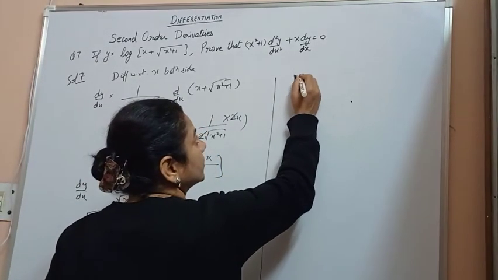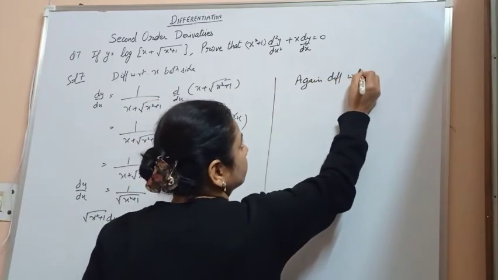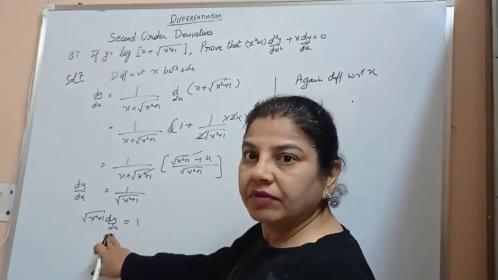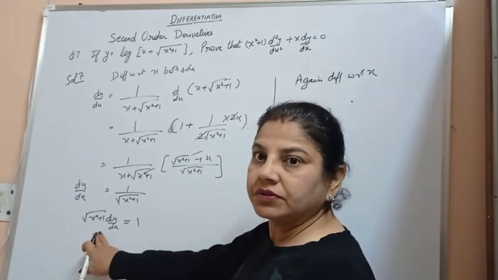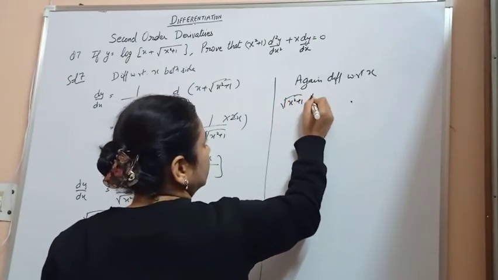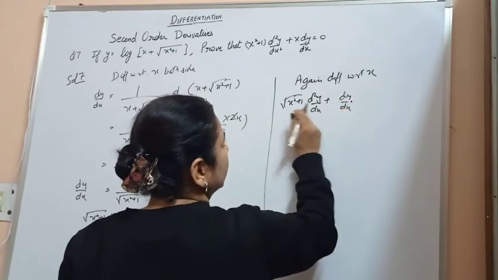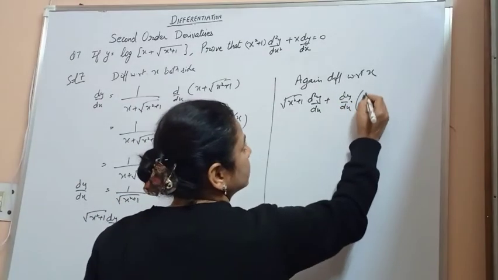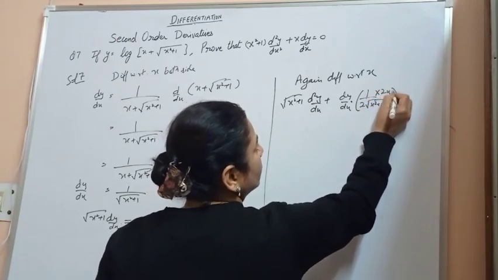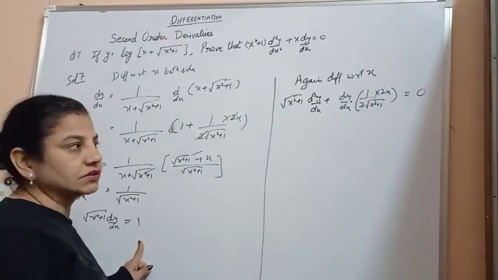Again differentiate with respect to x. Here we apply the product rule. First function to derivative of second function plus second function to derivative of first function. So we have under root x square plus 1 d square y by dx square plus dy by dx into derivative of under root x square plus 1, which is 1 upon 2 under root x square plus 1 into 2x is equal to 0 because the derivative of constant function is 0.